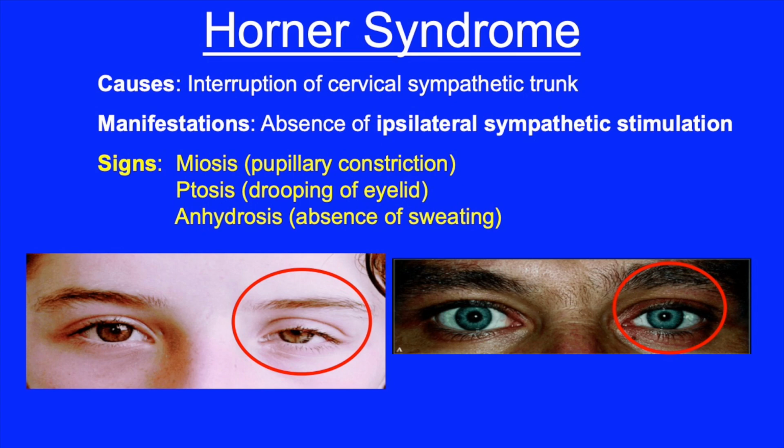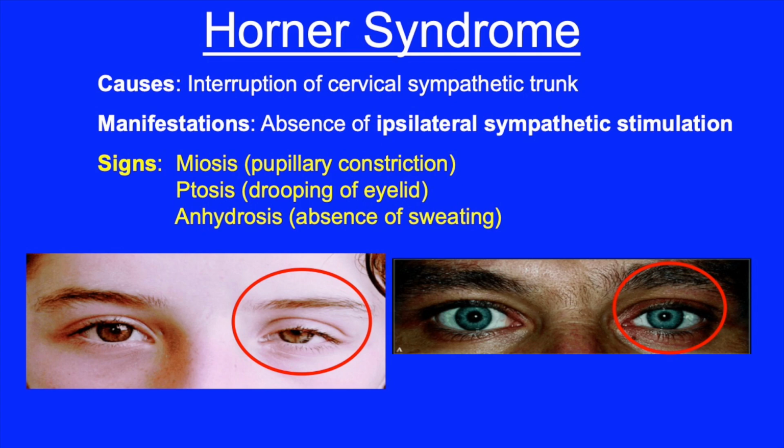And the signs of Horner syndrome may include miosis, ptosis, and anhidrosis. The miosis will result because the sympathetic innervation to the pupil is interrupted. The pupil will be in a constant state of constriction, even in the dark, as shown in the image.